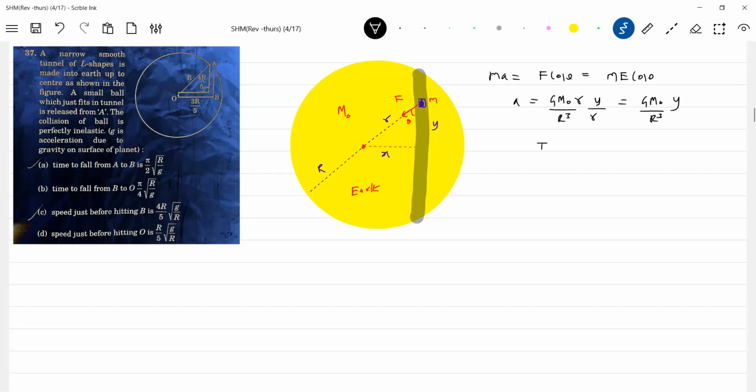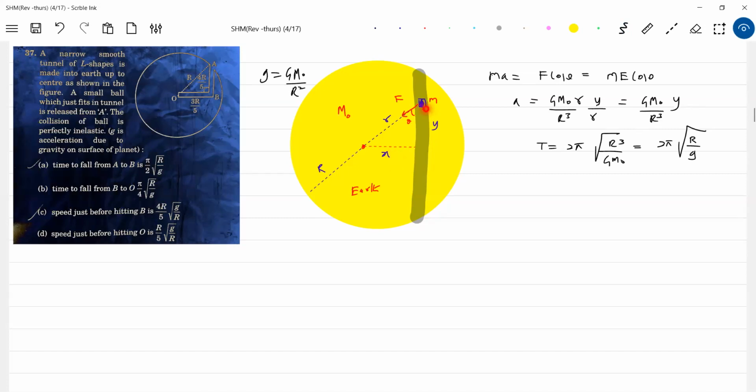So therefore the time period is given by 2 pi, which will become 2 pi square root of r by g. Better do remember this. What is g equal to? So now, is it independent of x?